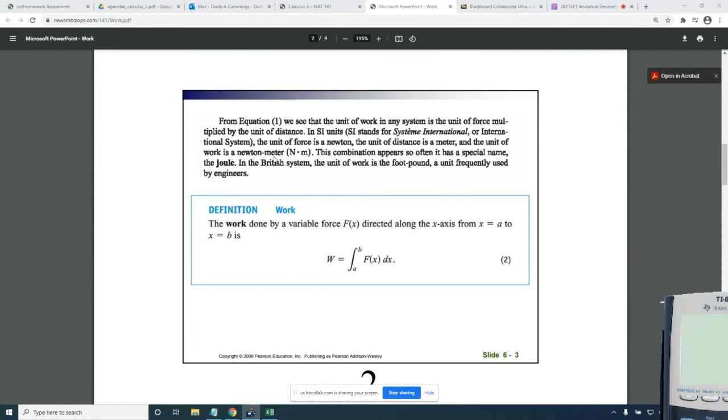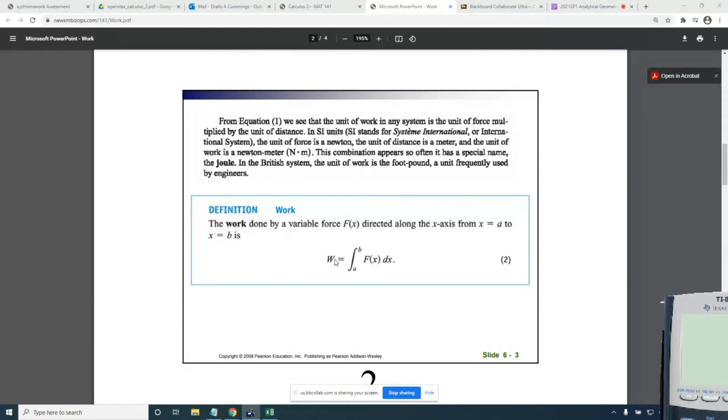Specifically for our class, you're going to see this word joule. Just keep in mind that when you're working with joule, that unit is a Newton meter, and that distance of measurement should be in meters. So if you're given something like centimeters, you would have to convert centimeters to meters when you're using work, specifically because of the unit that it's in.